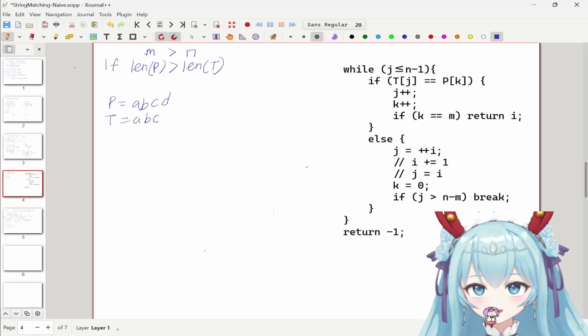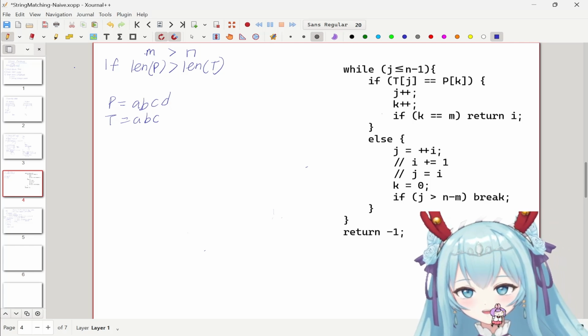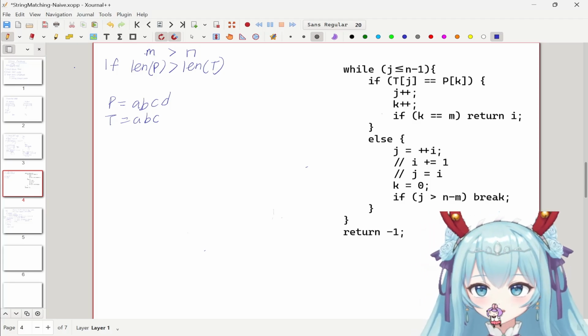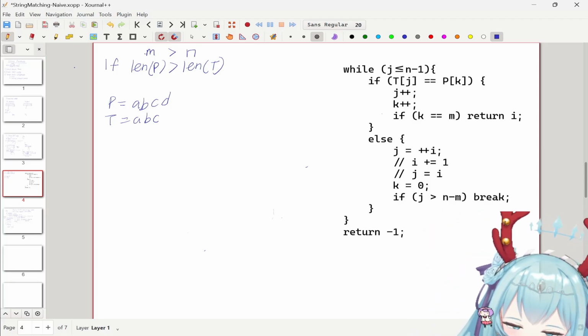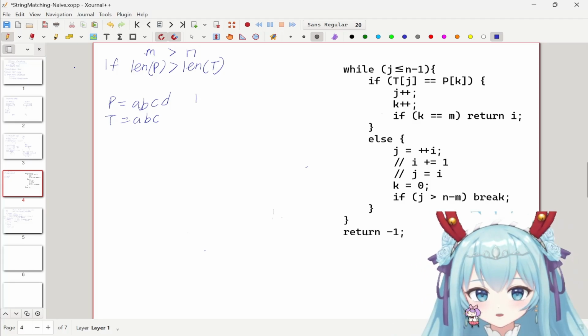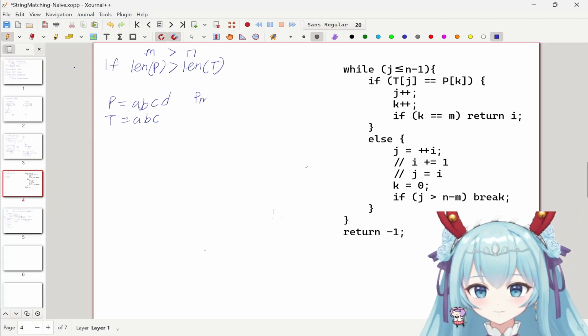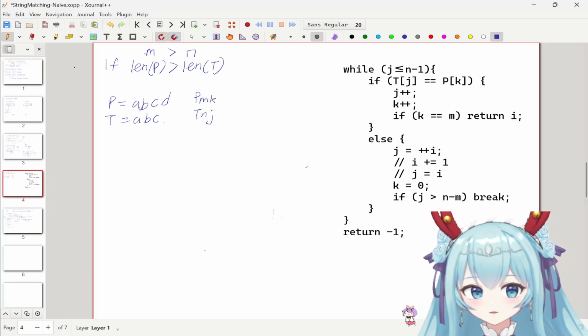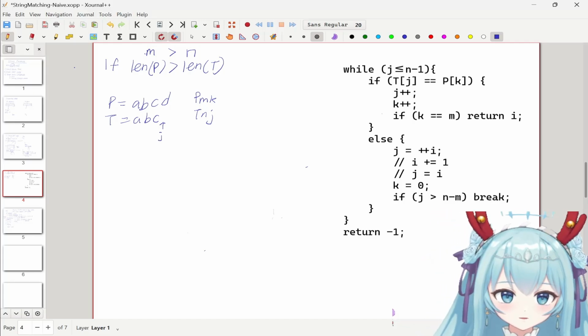then let's say we compare A against A, B against B, C against C. Remember we have P, M, K, T, and J. It'll come to a point where J is now over here.